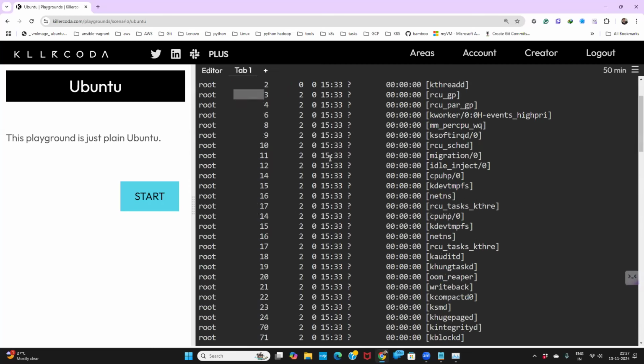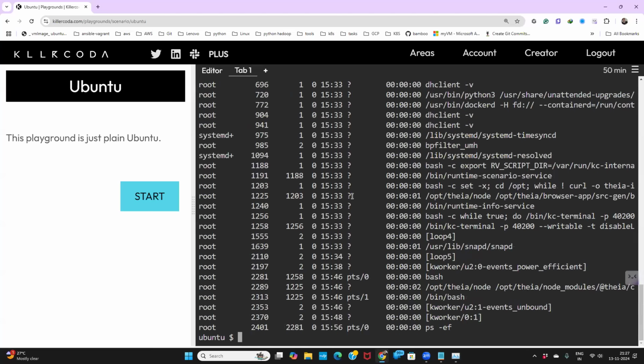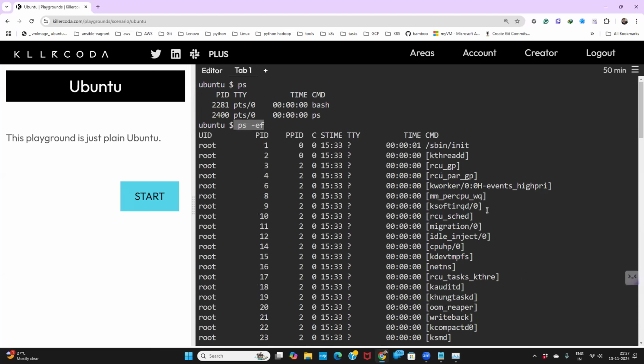ps -ef means it will try to show you all the processes which are running on my machine. What is the process? Instance of service. I told you, right? In Windows also I showed you when you open a terminal, it has shown you all the details of what processes are running.